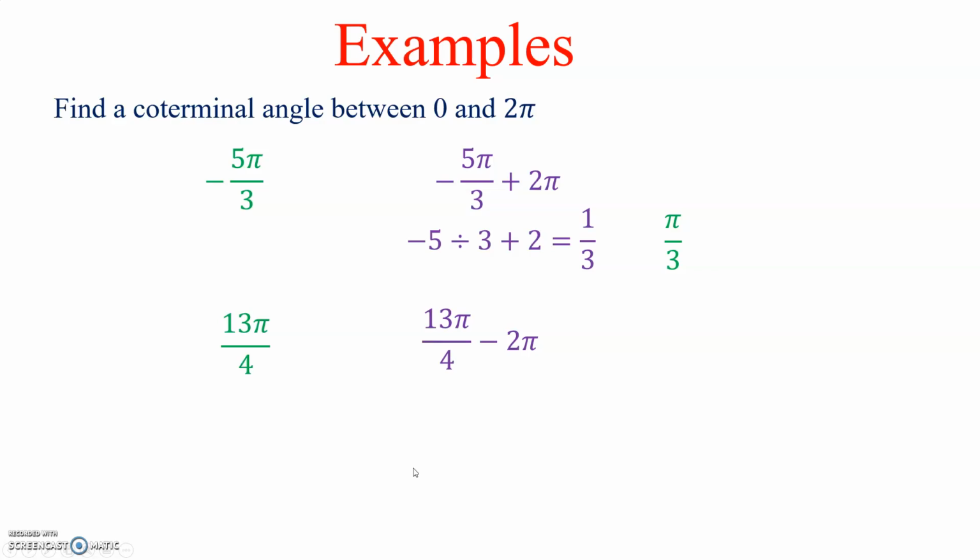So I'll take my 13 pi over 4, subtract my 2 pi. Into the calculator, we're just going to do 13 divided by 4 minus the 2. Calculator says as a fraction, 5 over 4. So therefore my answer is 5 pi over 4. And of course, 5/4 is between 0 and 2.